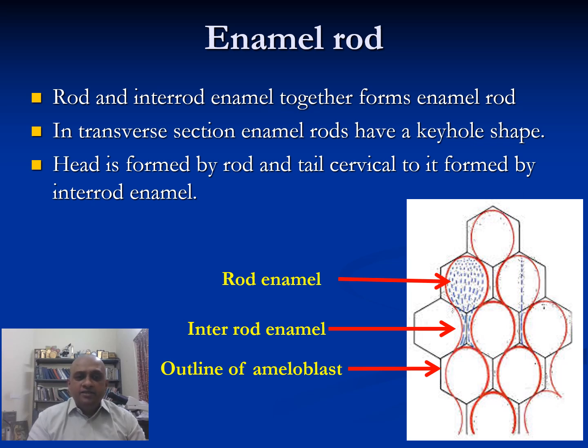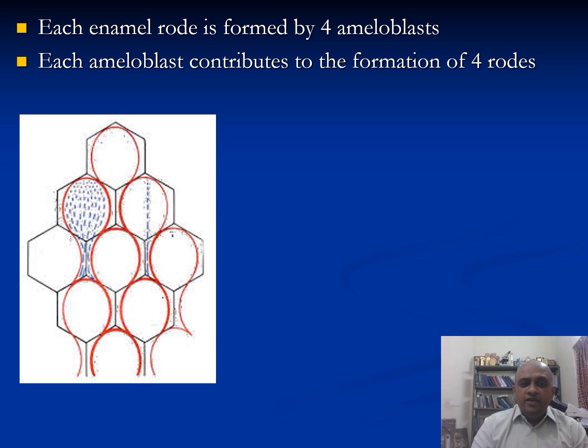Okay, and in transverse sections, the enamel rod has a keyhole shaped structure, and the head is formed by rod enamel, and the tail cervical to it is formed by the interrod enamel. And if you see here, each enamel rod is formed by 4 ameloblasts.